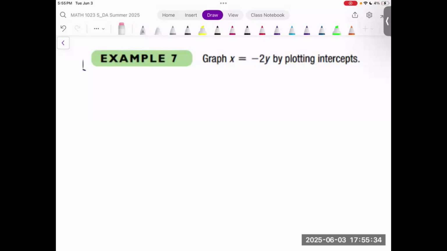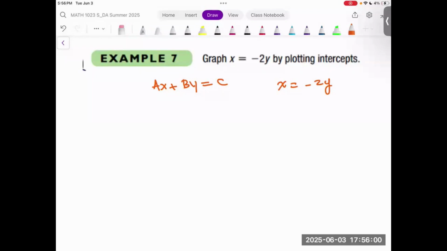All right, for example number 7, guys. If I want to start by getting the x-intercept and the y-intercept, I probably want to first put it in the familiar format. The only familiar format that we know is ax plus by equals c, correct? So what shall I do here to make it the same format? I have x equals minus 2y.